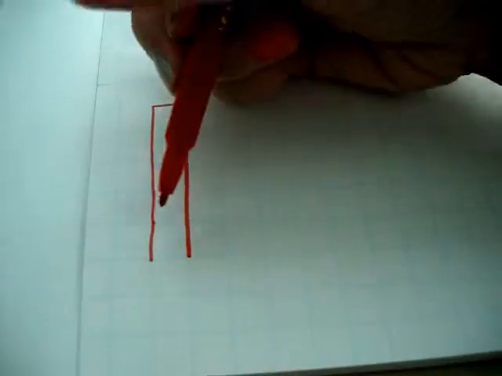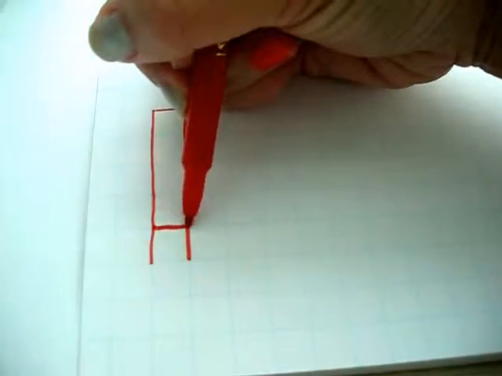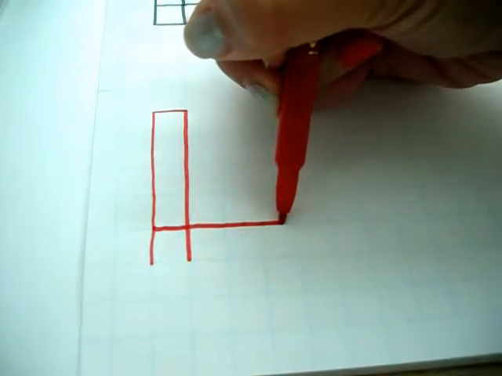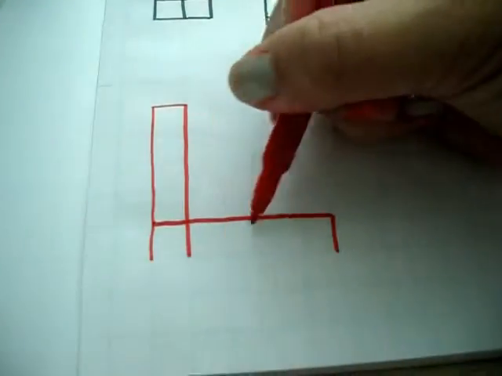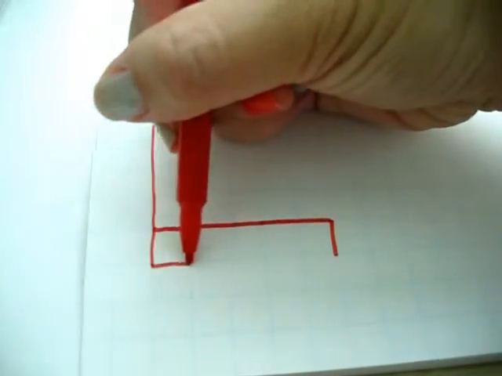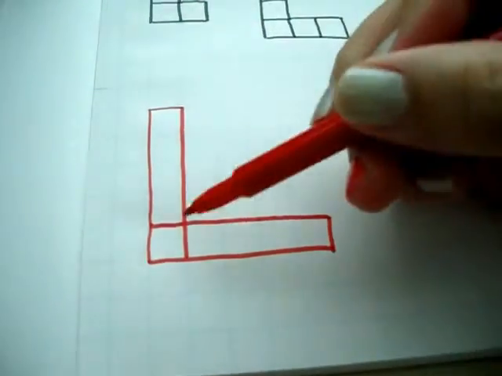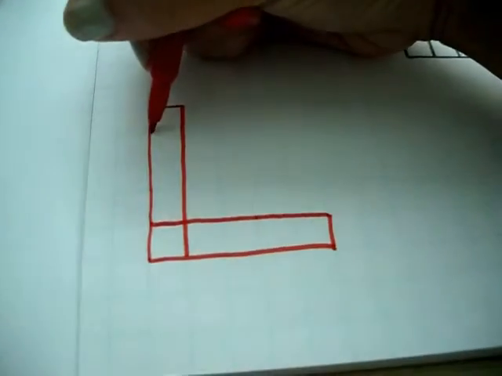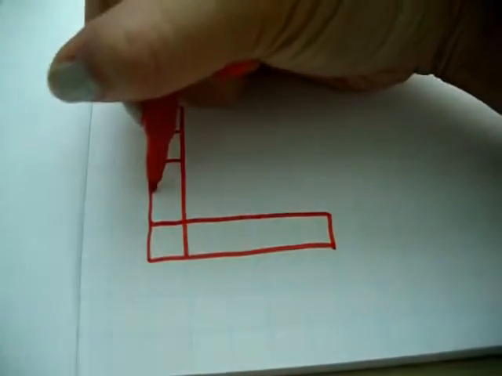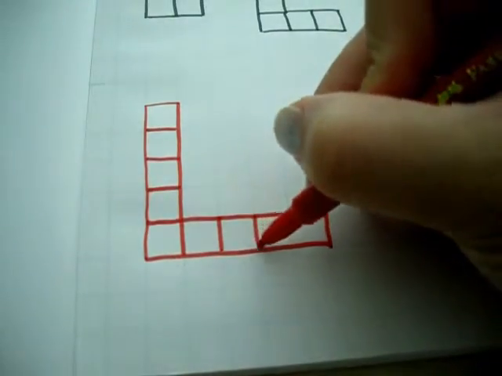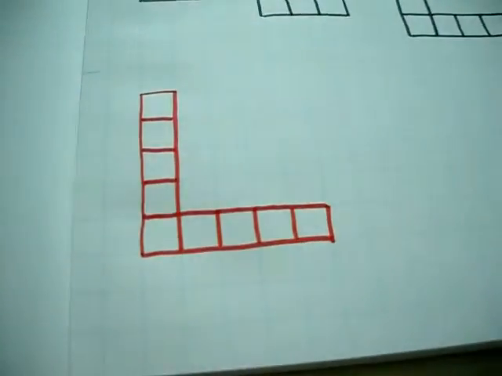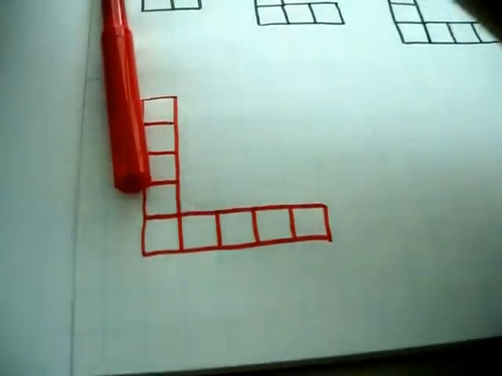And the horizontal part of the L shape is also 1, 2, 3, 4, 5 blocks. You can say that there's 4 blocks sticking out. You can say there's 5 total across the bottom, 5 total going up and down. There's 1 block in the corner where they overlap. Okay, that's what I think figure 4 is going to look like.